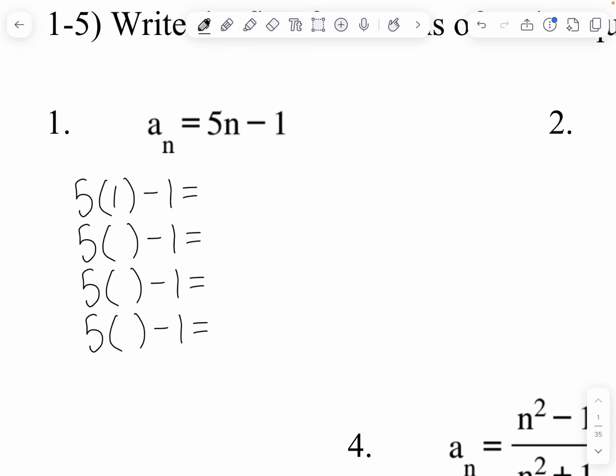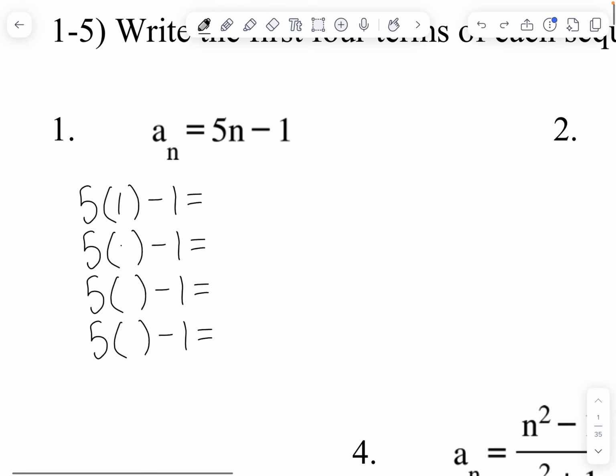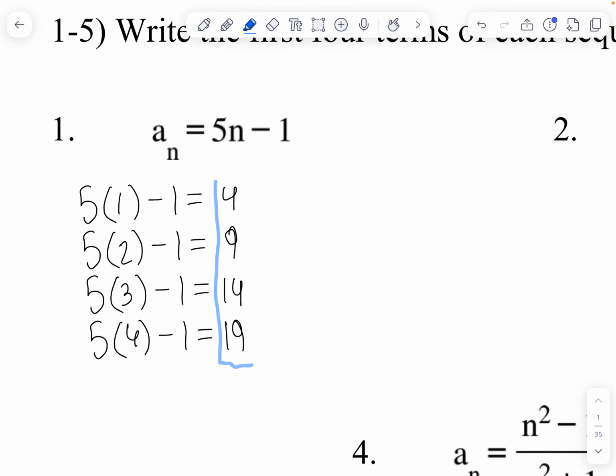So 1, 2, 3, 4. If we plug all of these values in, we'd have 4, 9, 14, 19. And this is our answer.